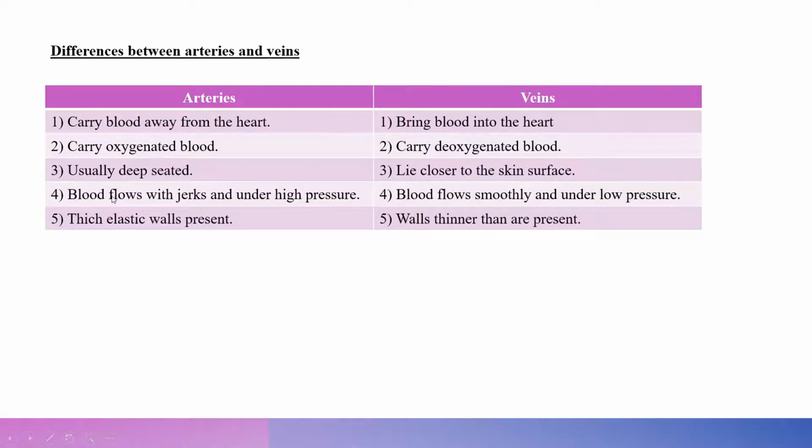The fourth one, in arteries blood flows with jerks and under high pressure, but for veins, it is always smooth and under low pressure. Thick elastic walls are present in the arteries, but for veins, walls thinner than the arteries are present. I'm very sorry, I forgot to add the word arteries over here, but it is walls thinner than arteries that are present.